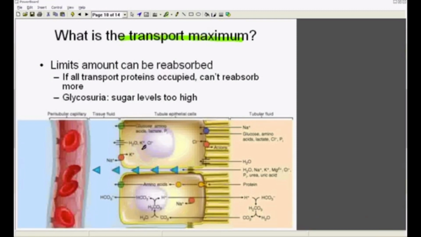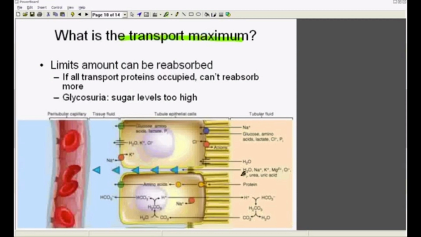An interesting permutation of this is an untreated diabetic. Imagine you had somebody with, say, type 1 diabetes and they were untreated, which means they've got huge quantities of glucose in their blood. That glucose is getting filtered out in the urine, and a lot of it's going to get reclaimed, as it should, but because there's so much glucose in the blood, that means there's far more glucose in the urine than there should be.